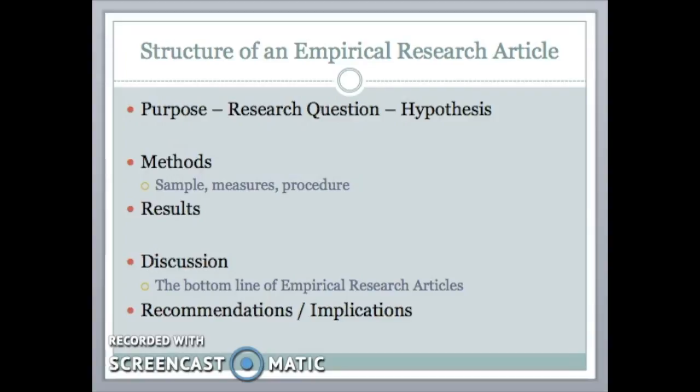Now, the recommendations or implications section is also very important for an empirical research article. There will be recommendations for further research or implications for the real world. An example, going back to our eating red meat and getting cancer, if we find that eating red meat does cause higher rates of cancer, one recommendation for further research could be to see why eating red meat causes cancer.